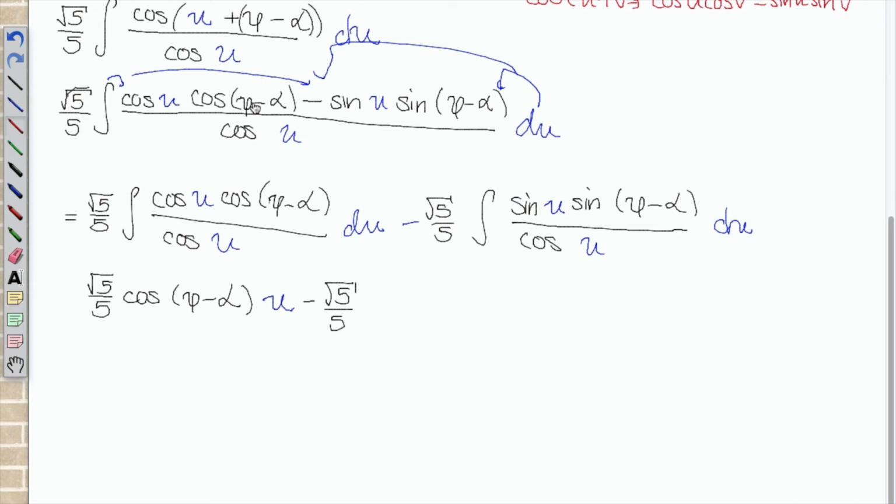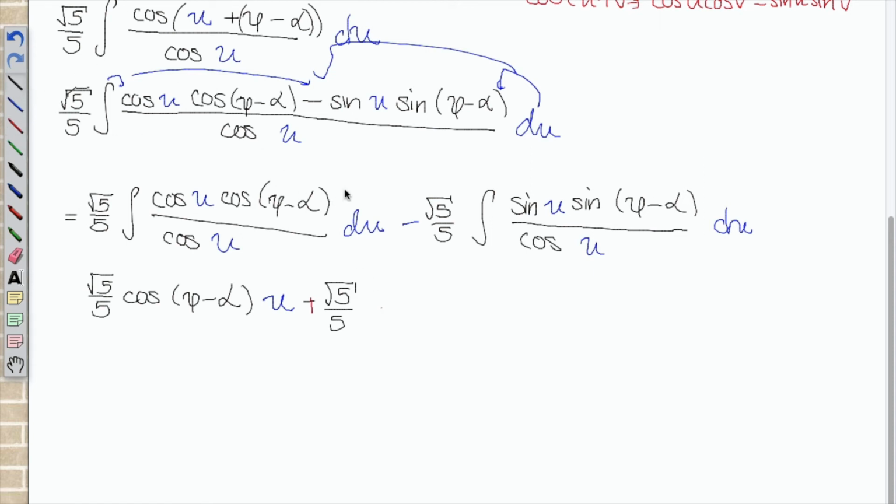That becomes z equals cosine of u, dz is equal to negative sine of u du, and then du is equal to dz divided by negative sine of u. So that changes the sign here to positive. And so that changes the sign that's outside here to positive.